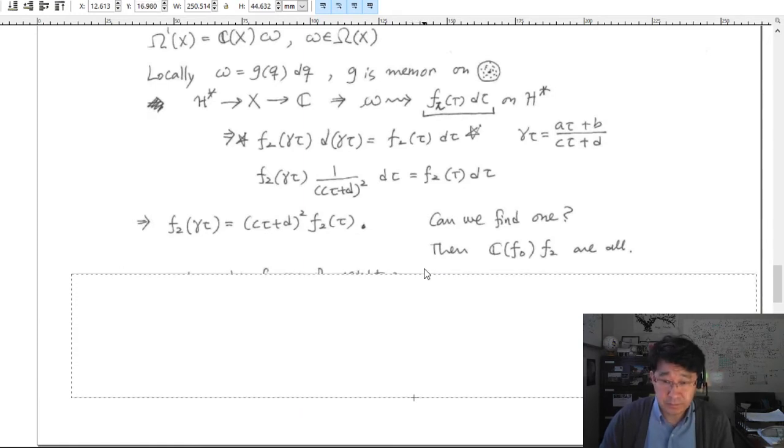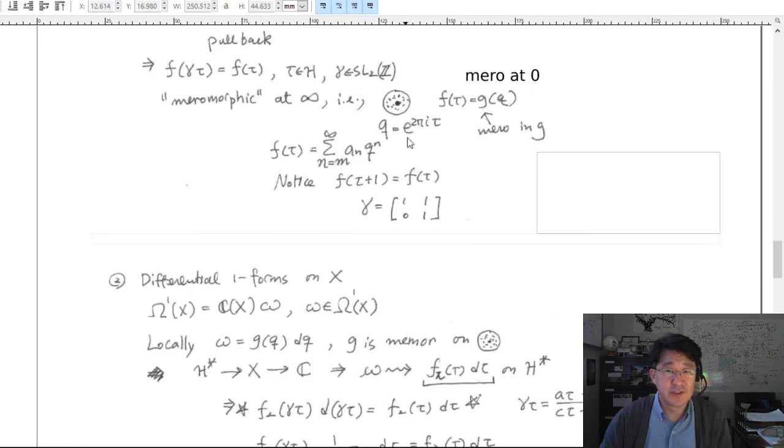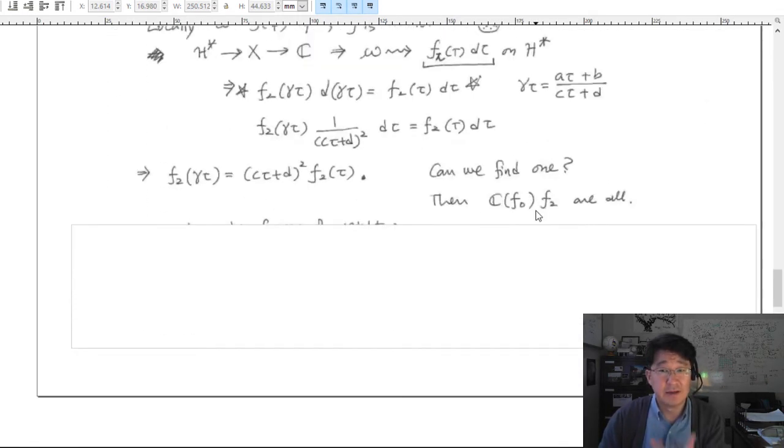And if we have one example, all the other functions that satisfy this condition come from multiplying F0 by meromorphic functions, and it turns out all the automorphic functions considered here are generated as rational functions of that one particular automorphic function we found in there.